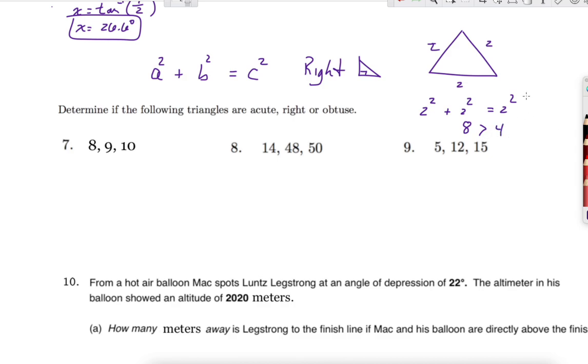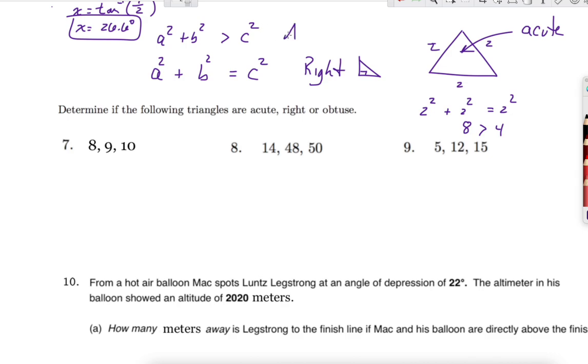So if the sum of the squares of the legs is greater than the hypotenuse squared, is this obtuse? No. An equilateral triangle is acute. So this will give us an acute triangle if a squared plus b squared is greater than c squared.